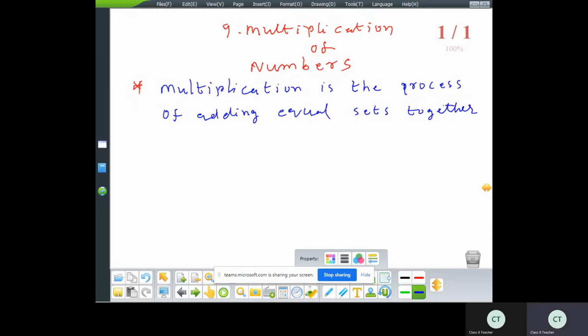Dear children, our first definition is multiplication is the process of adding equal sets together.